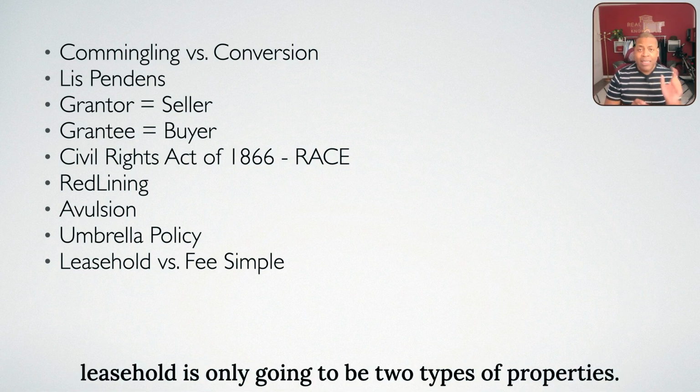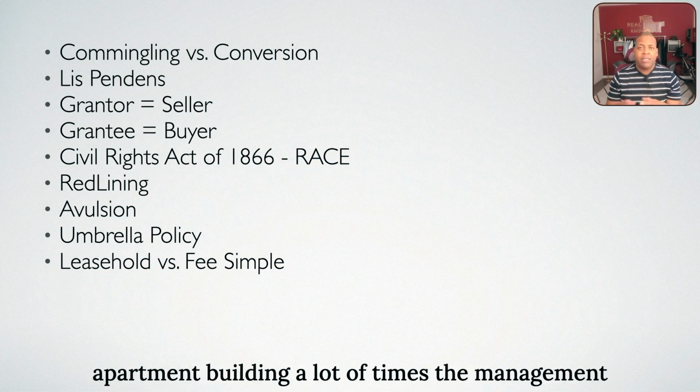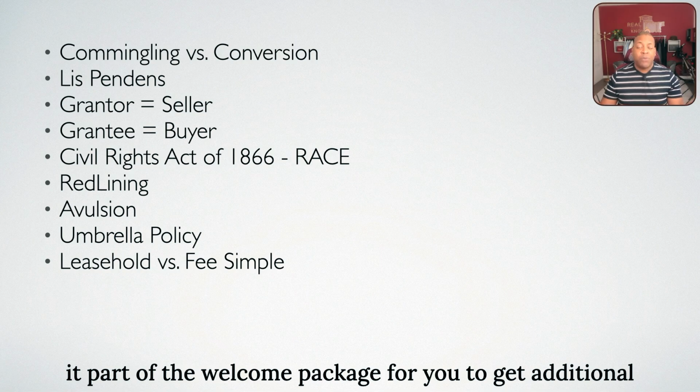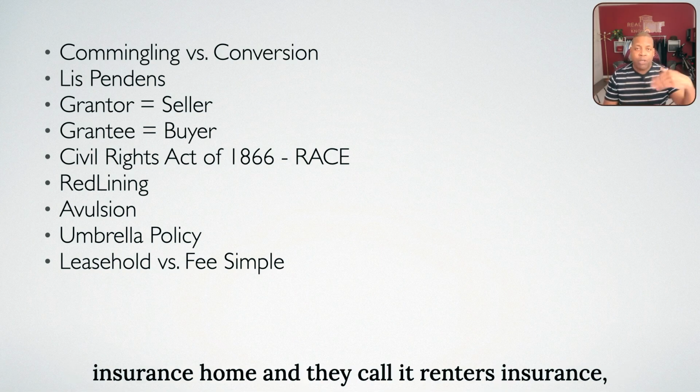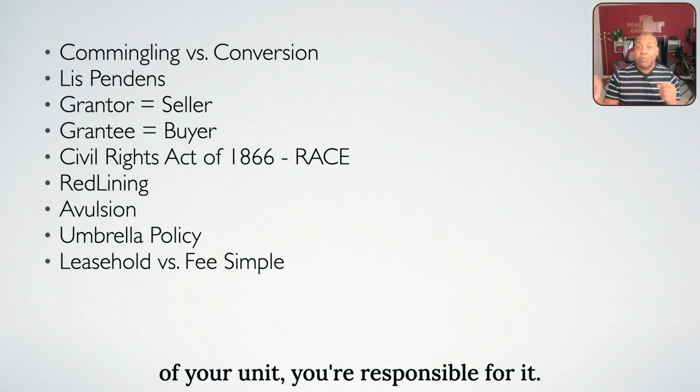So again, leasehold is only going to be 2 types of properties. It's going to be renters. So when you move into your apartment building, a lot of times the management, either they would tell you verbally or they would just have it part of the welcome package for you to get additional insurance. And they call it renter's insurance, right? Because again, the contents inside of your unit, you're responsible for.